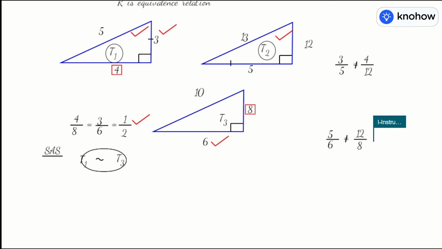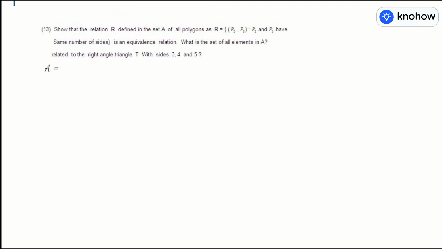Now given is a relation R on set A. What is set A? A is the set of all the polygons. All polygons means it may be a triangle, maybe a quadrilateral, pentagon, hexagon, any number of sides. So all such figures are there. And what is the relationship?